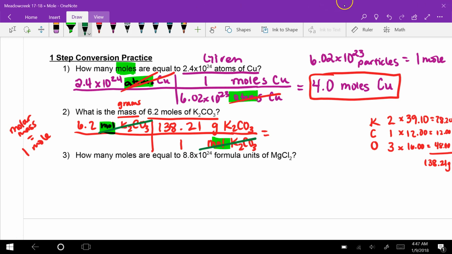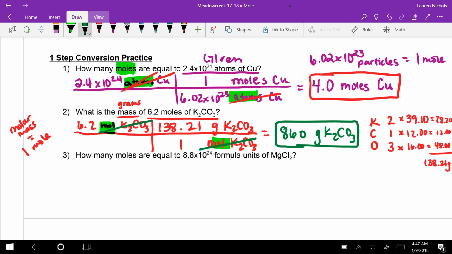All I have left is grams of potassium carbonate, and when I multiply through, I get 860 grams of potassium carbonate.